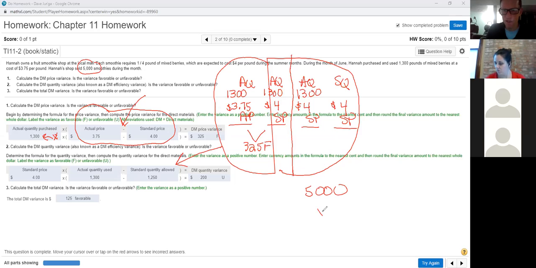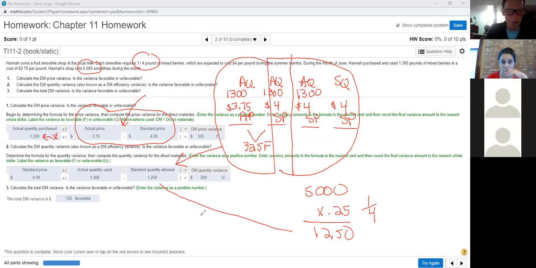So 5,000 times 0.25, that's 1/4, because they said that each smoothie takes 1/4 pound of berries. That's where they got that 1,250. So the 1,250 would go there. And then of course you take the difference, and that's how they get the $200 unfavorable, okay?